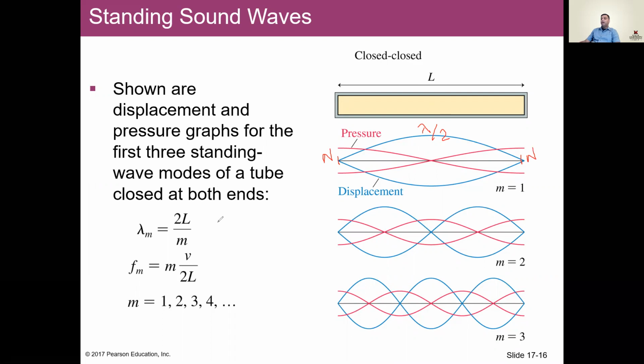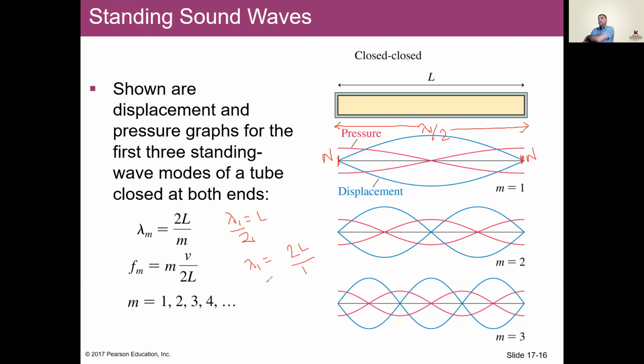So when you have m equals 1, you can call this lambda 1. Lambda 1 over 2 is the distance between these two in the space coordinate, which is the length of the tube, L. So you can say lambda 1 equals 2L over 1.